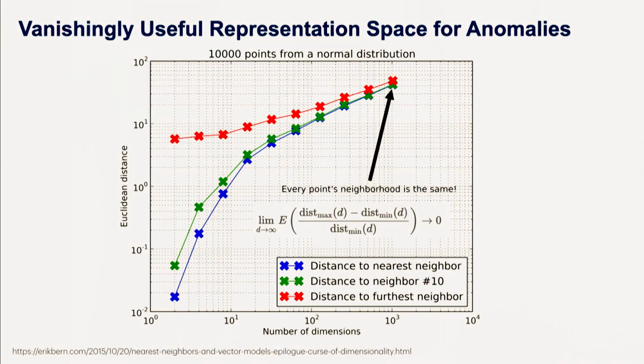And it makes sense that we should start thinking about other ways to be finding these anomalies, in part because of the curse of dimensionality. When we have these high-dimensional representation spaces, which we kind of need when we're looking at these complex physical objects, we're not just looking at 4 or 5 numbers that can adequately represent one of these modes. We're going to need dozens, maybe even hundreds.